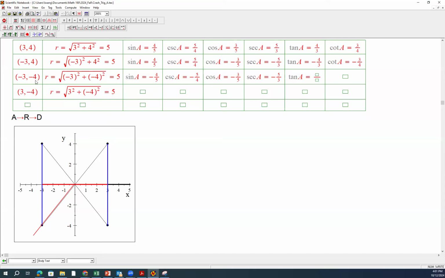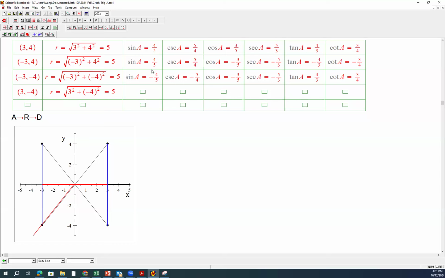So -4 over -3. Well, negative divided by negative is a positive, so it's 4/3. How about cotangent of A? That's equal to the reciprocal of it, 3/4, right?